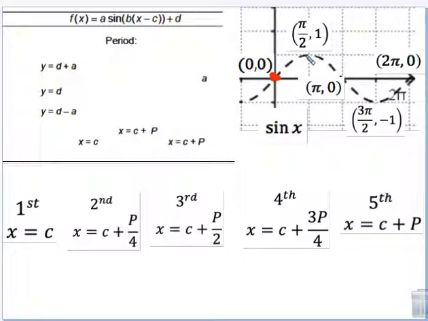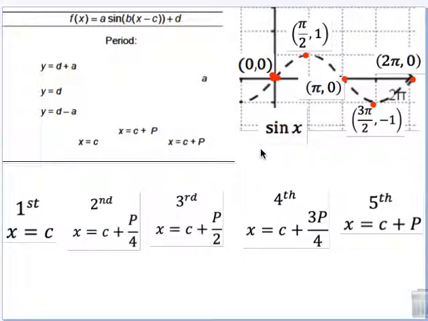And then for the sine graph, your maximum point, the midway point between your beginning and the end of your cycle, and then your minimum point. Okay, for the sine graph, these are the 5 critical points. You need to know where they are for the parent function, and then where these 5 points will move to when you are transforming your graph.